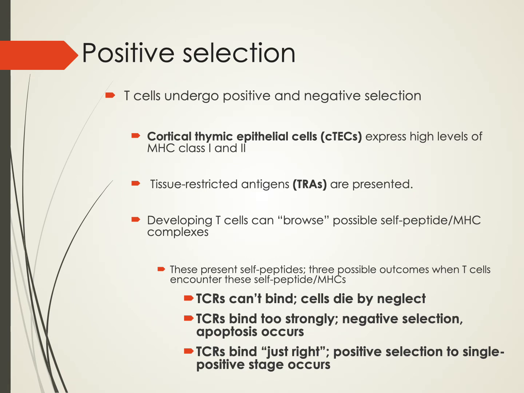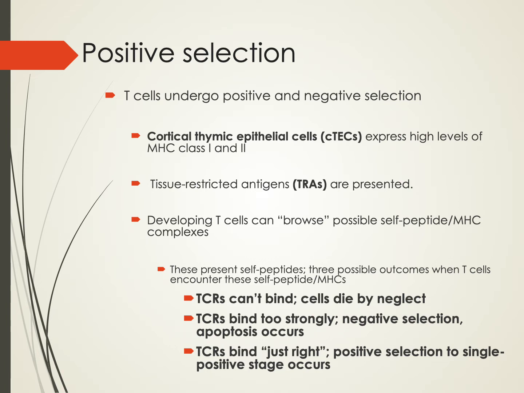So when these MHCs have these peptides loaded on MHC class 1 and class 2, what we're checking for is, is the T cell receptor able to interact with the MHC? Because again, keep in mind, T cells have to be presented to. So if these T cells can't interact with the MHC, we don't want them to survive because they're not going to be of any purpose out there.